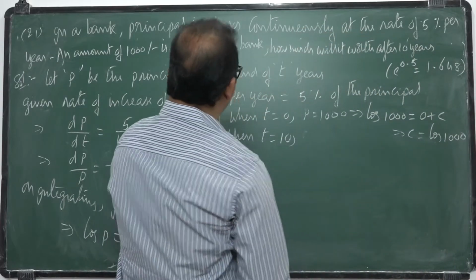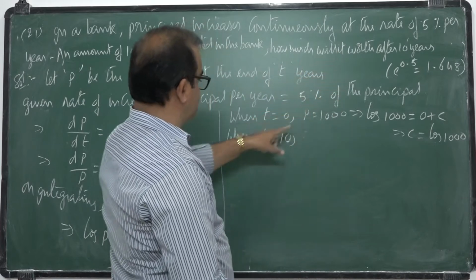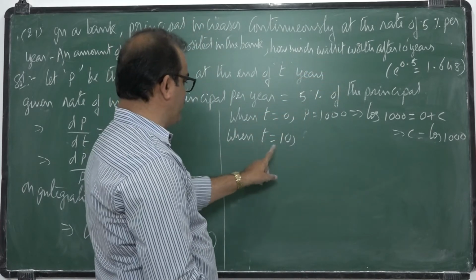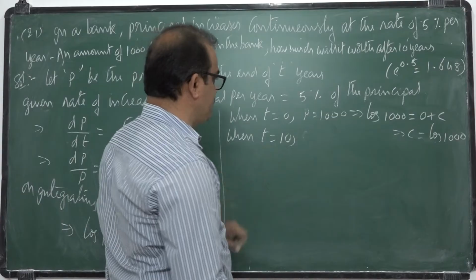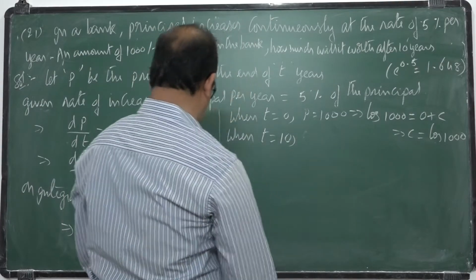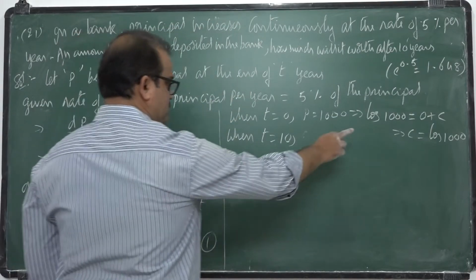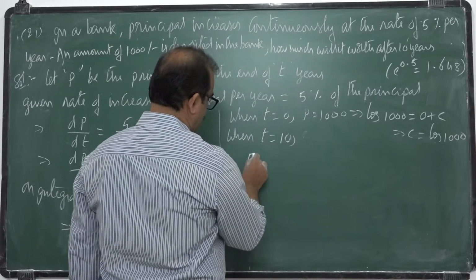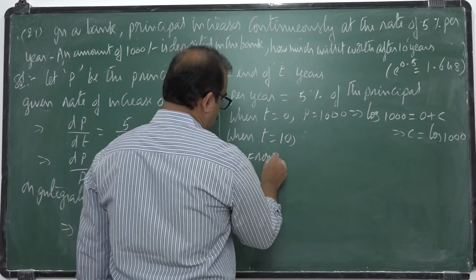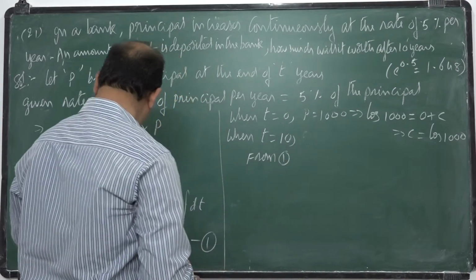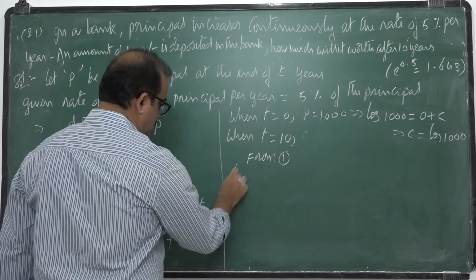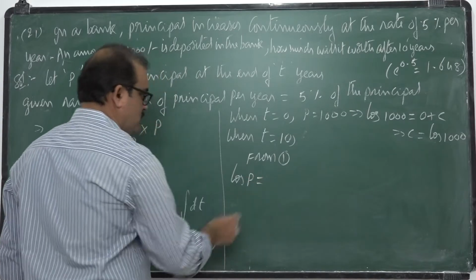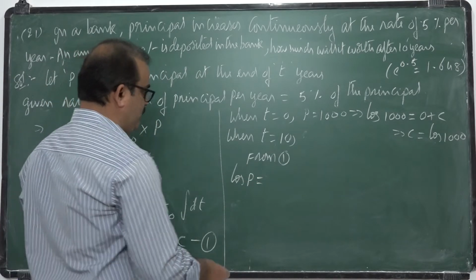Okay, what we find after 10 years, find the value of P. When T is equal to 10, find P value. Substitute C value in equation 1. From equation 1, log P is equal to T by 20.